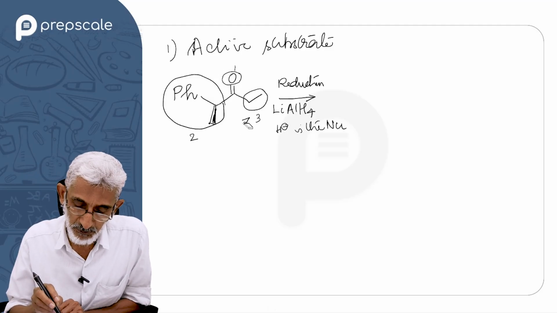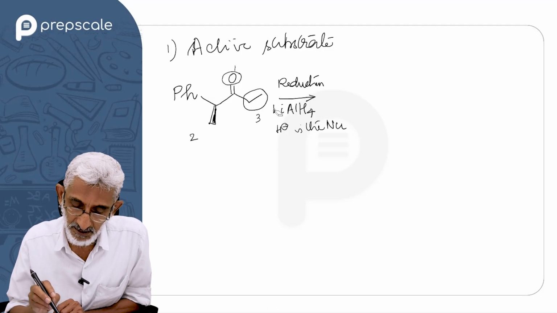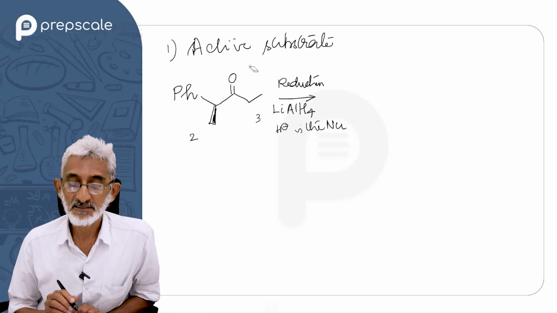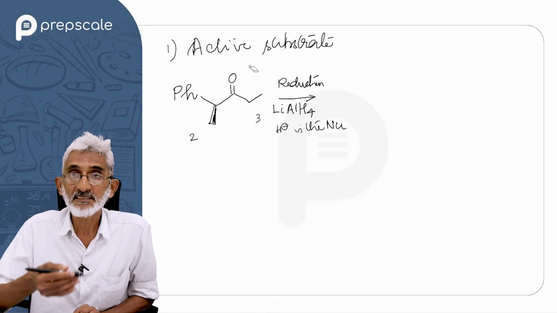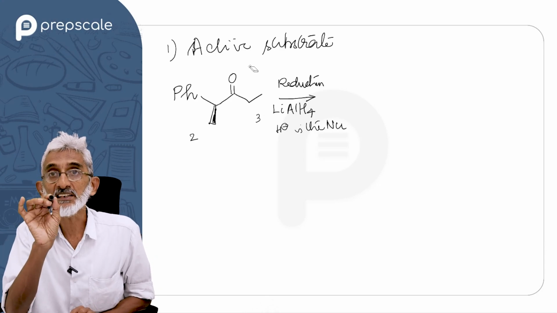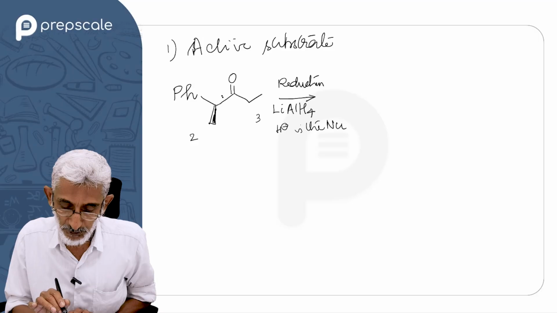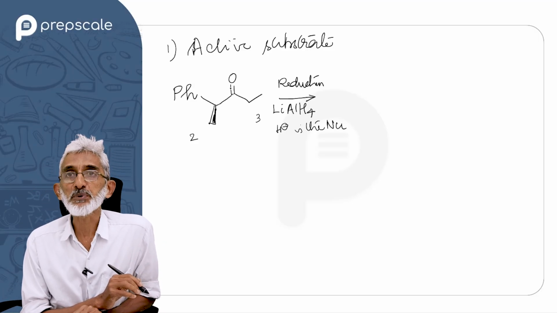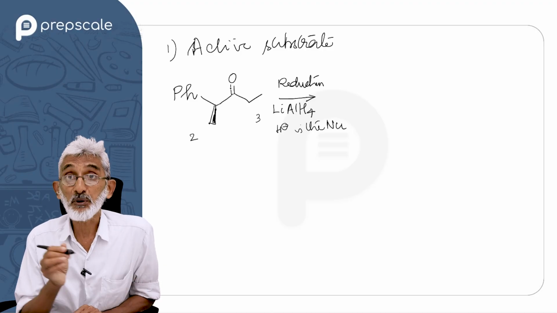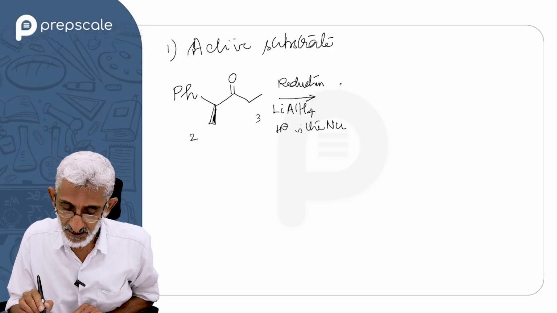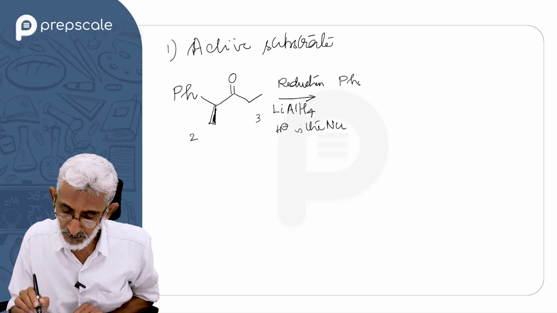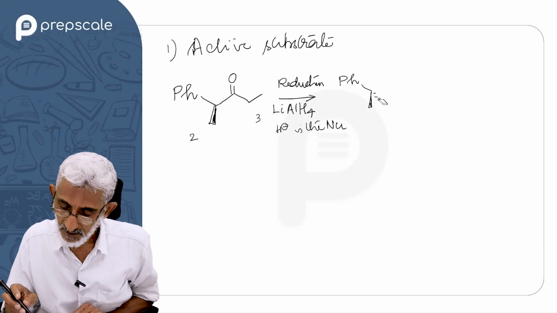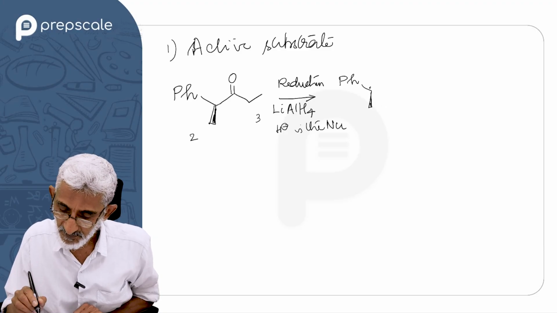So now let me remove all this. So this is the Si face. The other side, the back side, is the Re face. So Si face and Re face. Now when we are doing this, what are the possible products obtained? This part will remain the same.